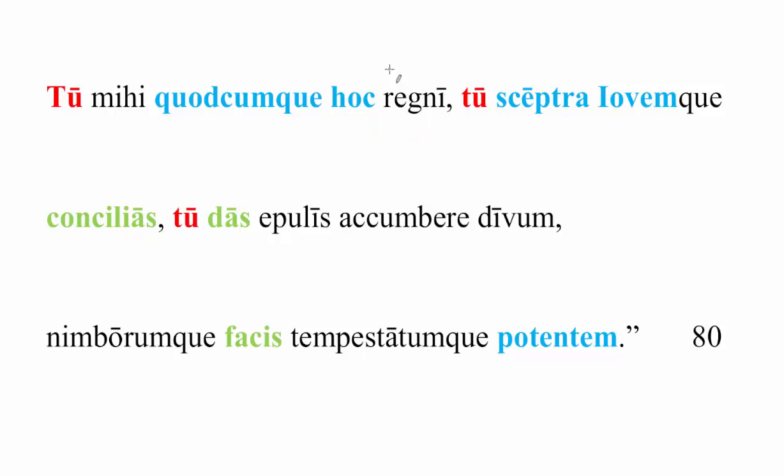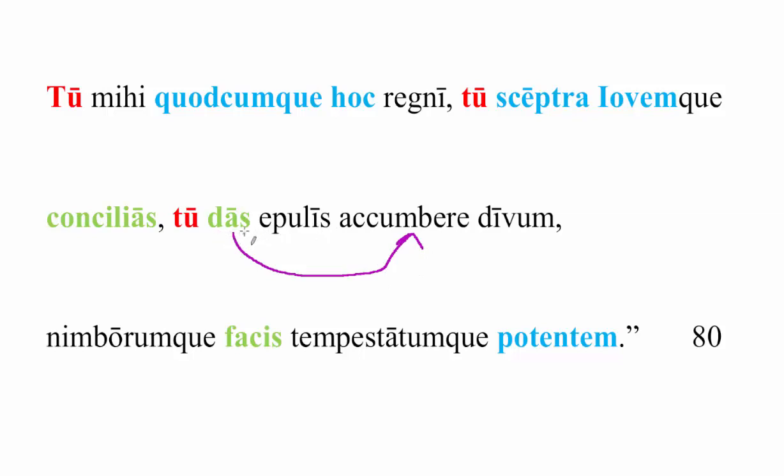You win it over for me, and you win over or placate the scepter and Jove. Now, there is a note here that suggests you can read these two together because of a rhetorical device called hendiadys. You might be able to read this as Jupiter's power, or Jupiter's scepter. You win that over for me. And you give, and then we see it again with das, accumbere.